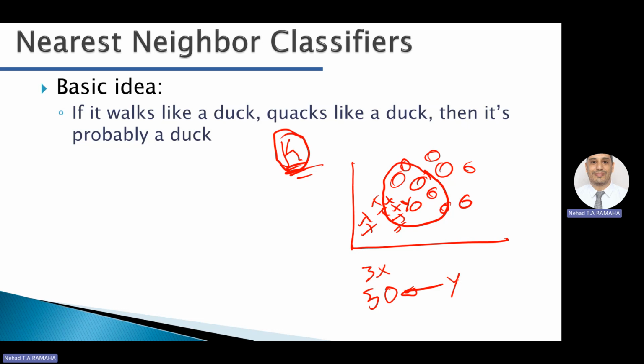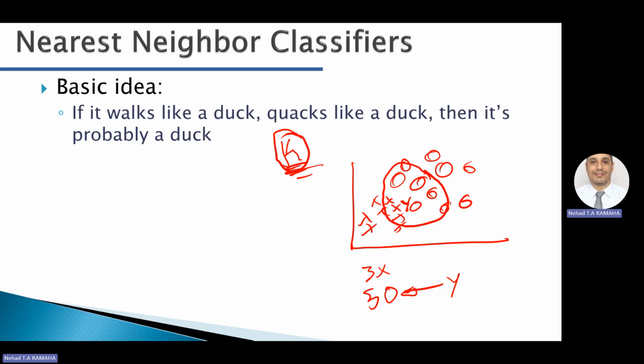So the idea is we have to know how many neighbors we will take. And then we will look at these neighbors. So why do we need the distance? We said take 5 neighbors: the 5 closest items or objects to the new object.